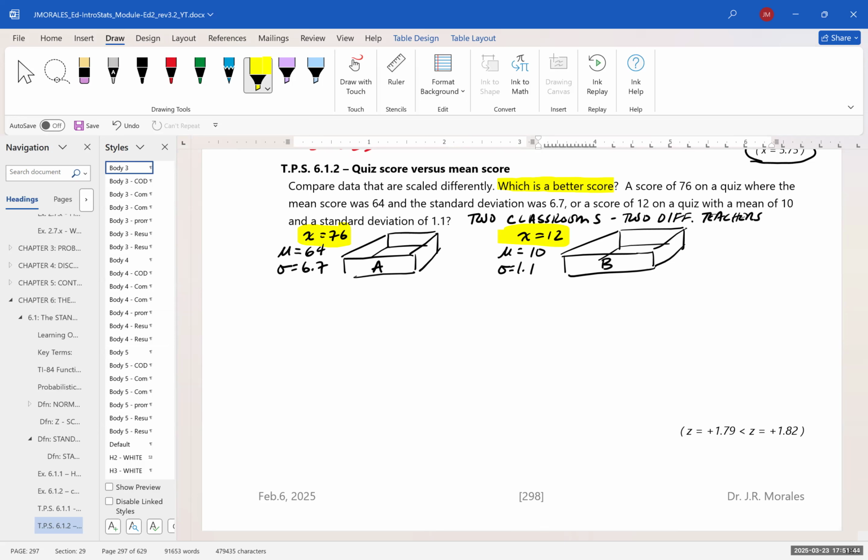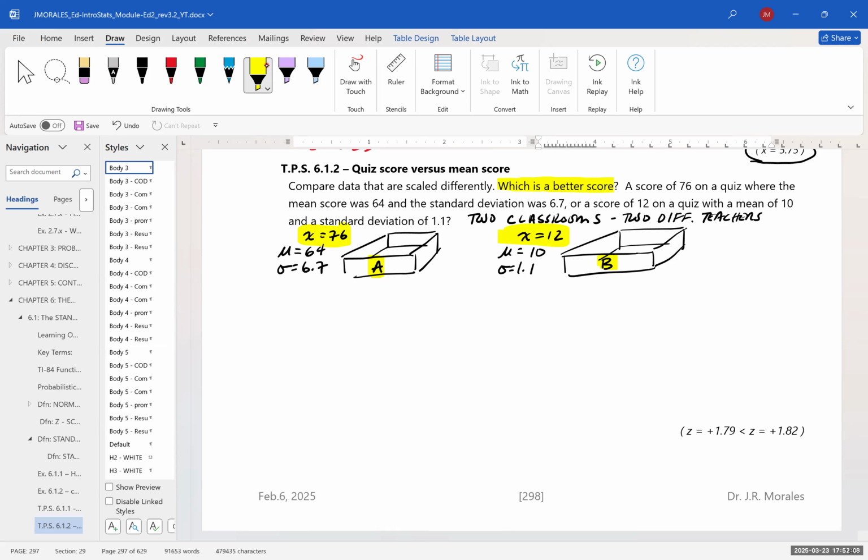But you see, this was two different classrooms taught by two different teachers. The teacher in classroom A may have had their quiz out of 100 points. The teacher in classroom B might have had their quiz out of 15 points. So you've got two completely different point scale systems.